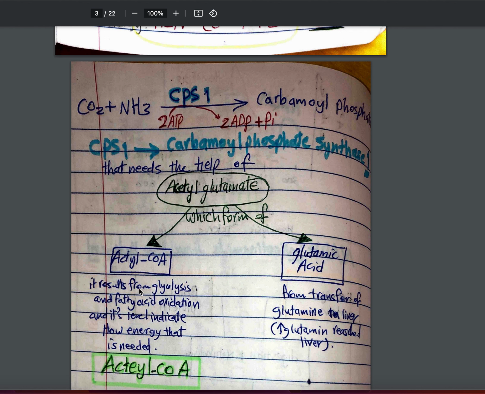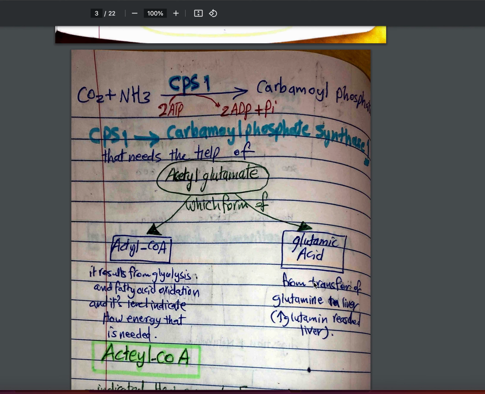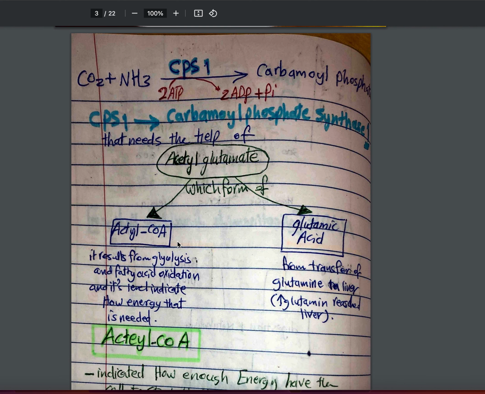The acetyl coenzyme A results from glycolysis and fatty acid oxidation, and its level indicates how much energy is needed.